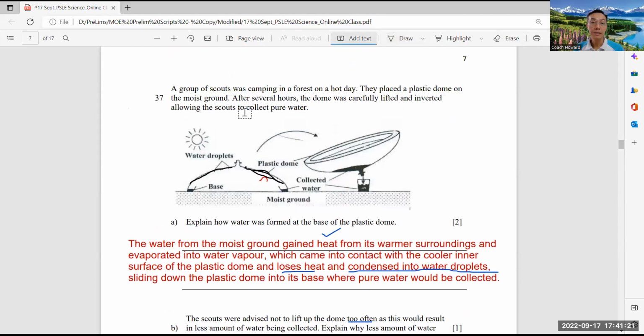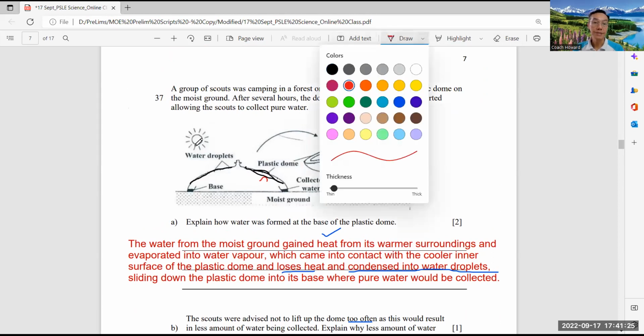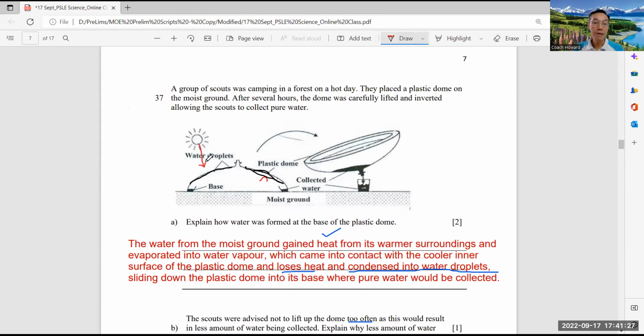So the sun is shining down on the black surface. If it absorbs heat better, that means the temperature here on the plastic dome will increase. Correct? So maybe initially, let's say it's not black, maybe it's like 30 degrees. But now you increase to 35 degrees.